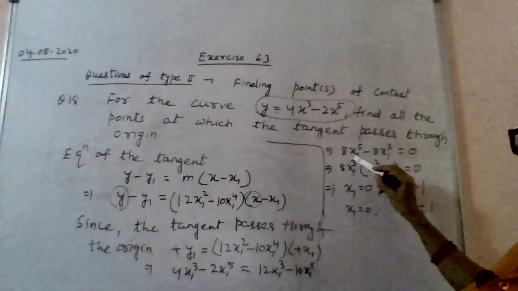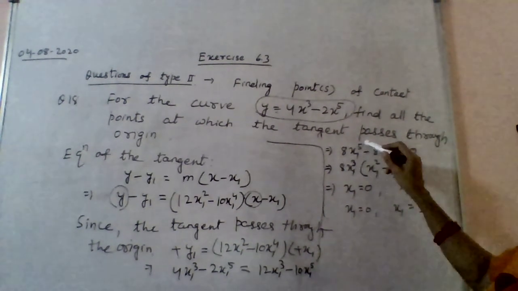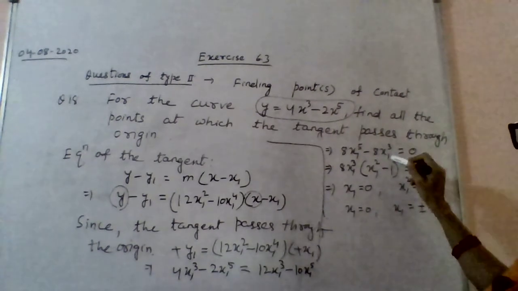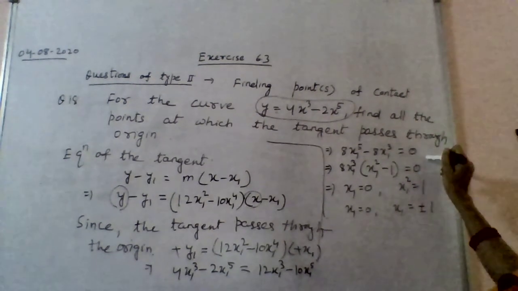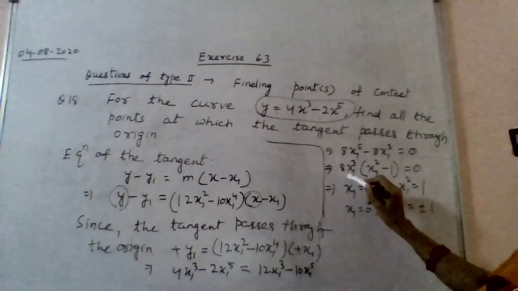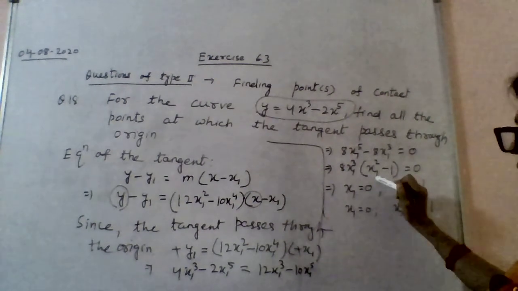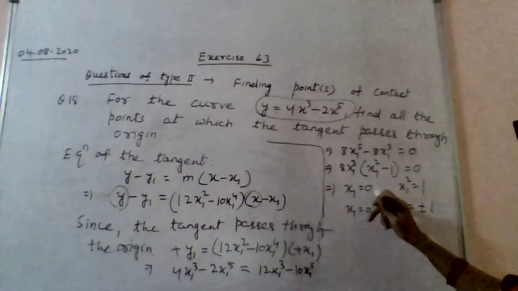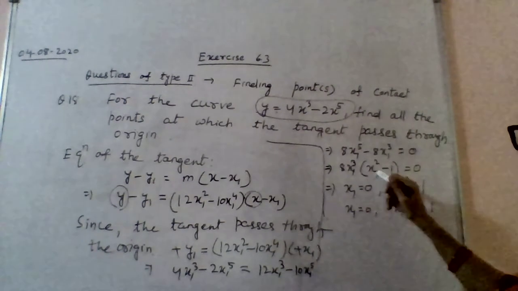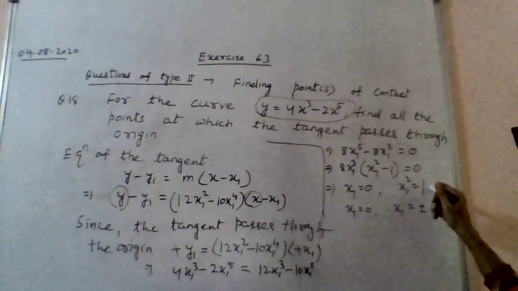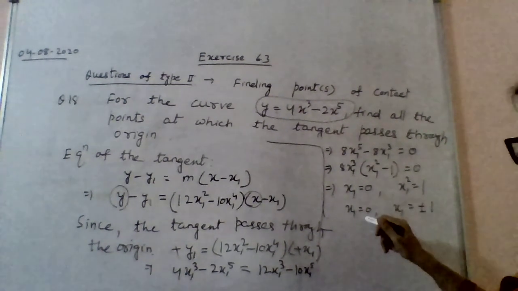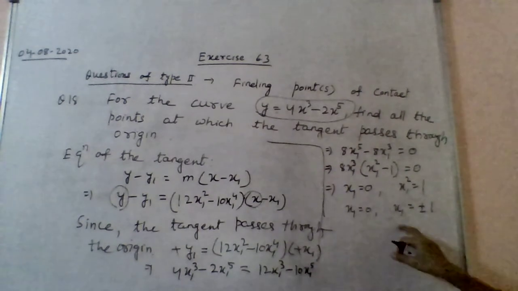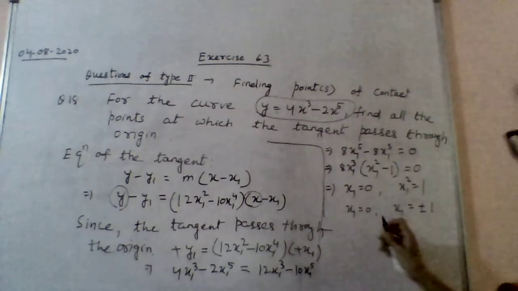It means 8x1 to the power 5 minus 8x1 cube equals 0. Take 8x1 cube common: x1 square minus 1 equals 0. So x1 is 0, or x1 square equals 1, so x1 equals plus minus 1.